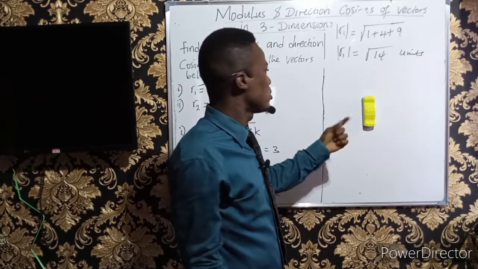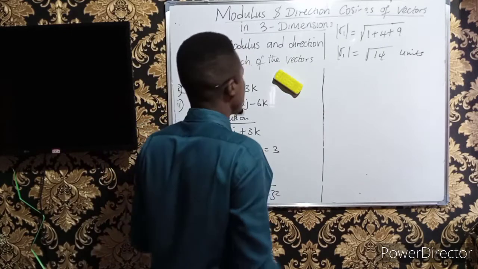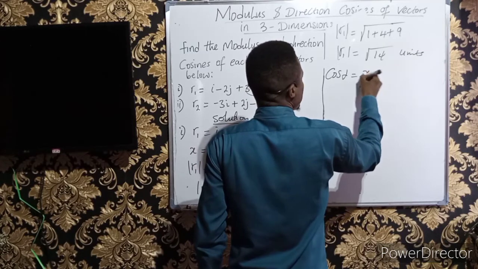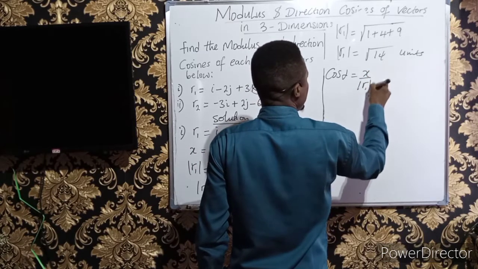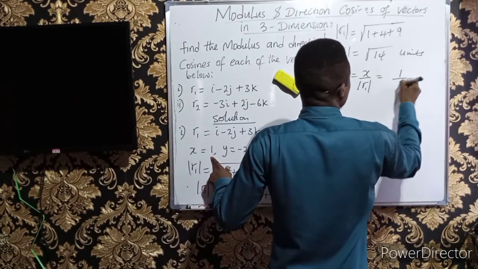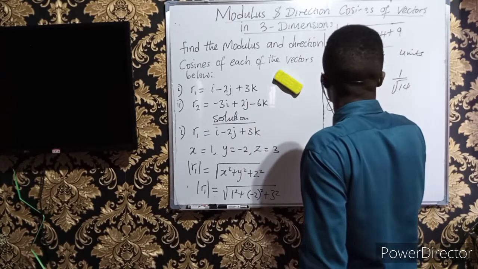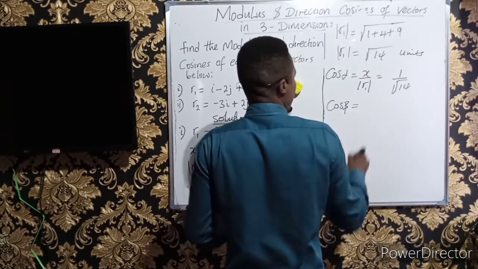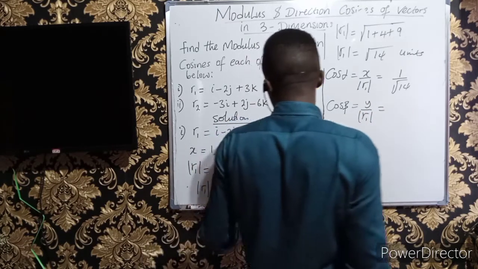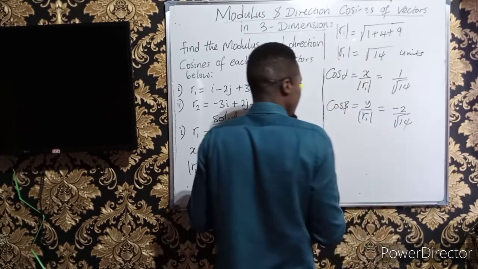If you like, you can still take the square root to get 3 point something. Now, direction cosines. I have my cos alpha, which is x over modulus of R1. My x is just 1, so it will give me 1 over root 14. Now cos beta will be y over modulus of R1, and my y is negative 2, so it will give me negative 2 over root 14.